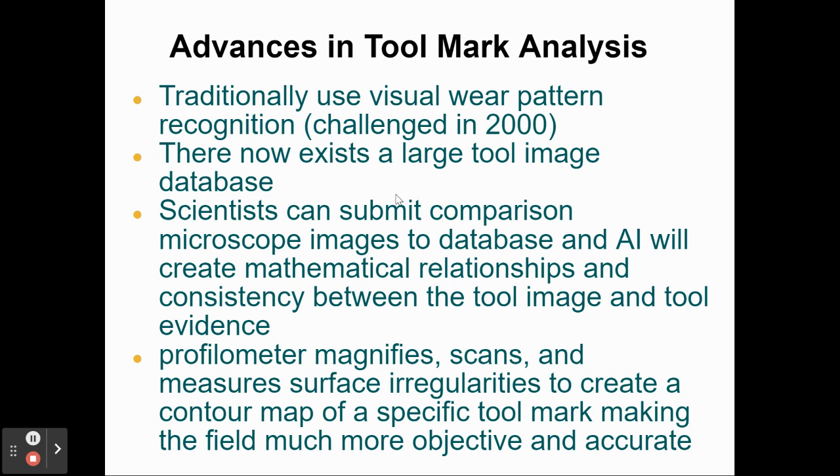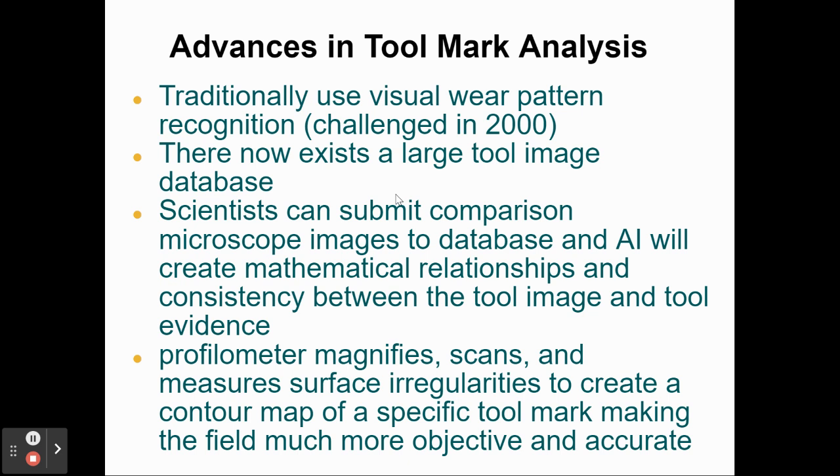One of the newer things is the profilometer, and this tool allows scientists to scan and then create a contour map, a topography, if you will, of a tool mark, and then they can do the same thing with the tool to see whether or not those two images or those two patterns look like they belong together.